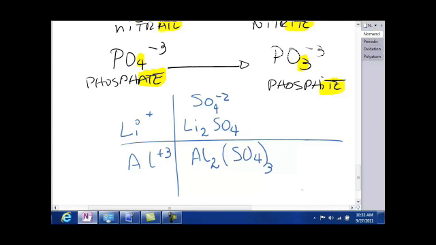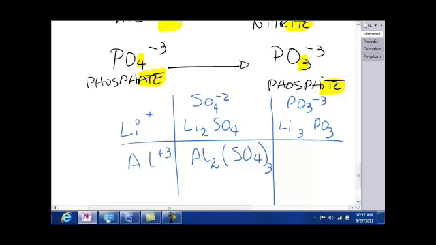What about if I am combining it with PO3 minus 3? I'm combining it with this guy right here. That would be what? Li how many times? 3. So I need to crisscross. And then PO3. And the name would be?